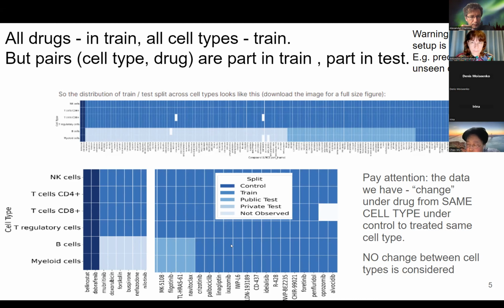The control for each drug is the same. Yeah, the left column is the positive control. It's the other control, not the control against which we are calculating differential expression. Yes, so the negative control is not shown here, I think.